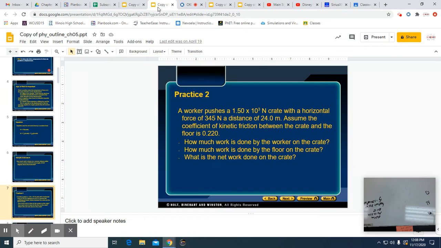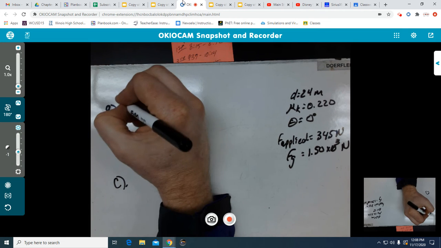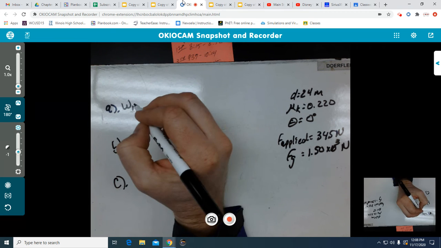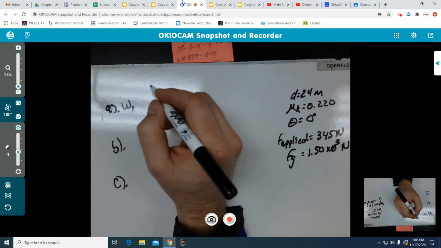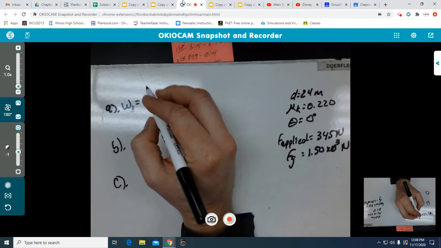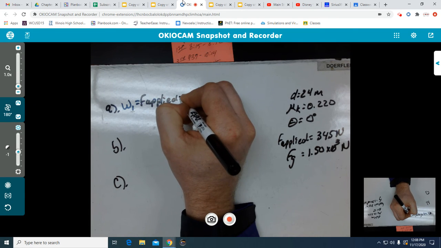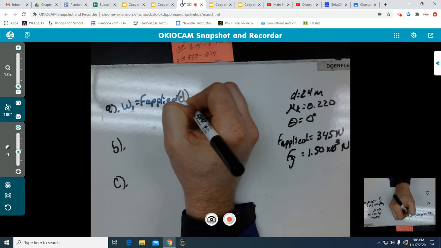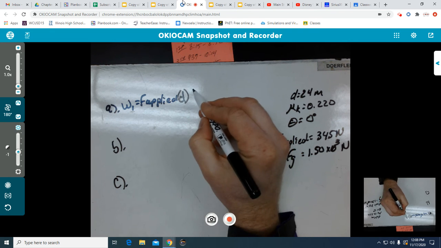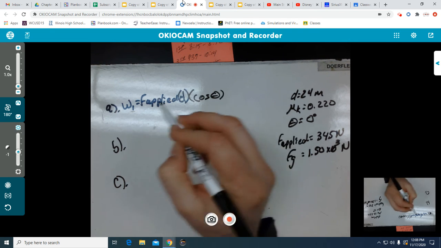So we need to figure out, A, how much work is done by the worker on the crate. We're going to call this W1 because we're going to be solving for work twice. So this is F applied times displacement times cosine of theta.